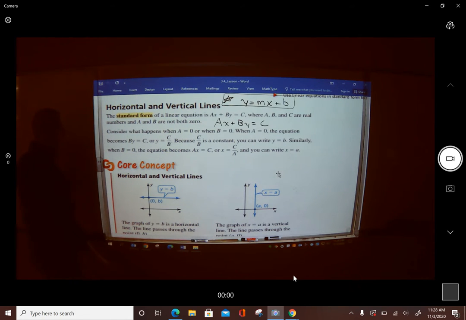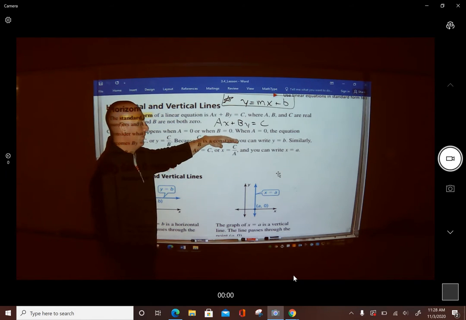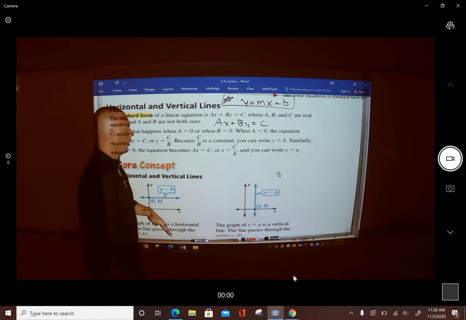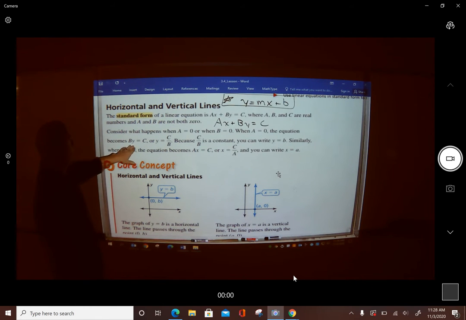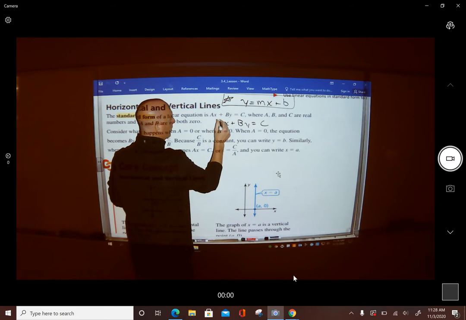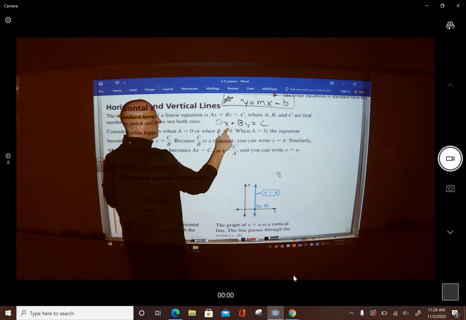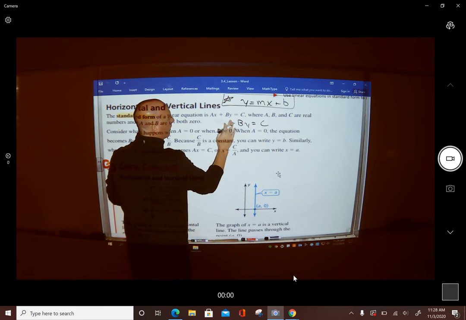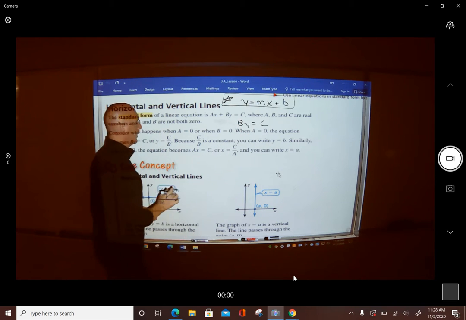Now, we're going to start looking at what happens if a is zero or b is zero. So when a is zero, the equation becomes by equals c. Anything times zero is zero, so you end up with just by equals c.